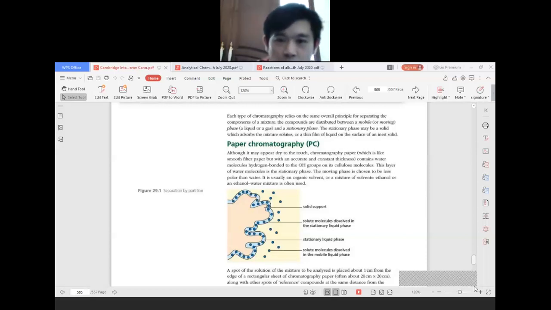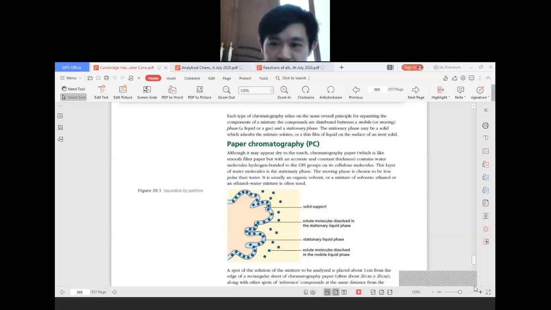There are water molecules hydrogen bonded. You have learned in biology the structure of cellulose, or at least you have seen it. There is an OH, and this OH makes hydrogen bonding with the water molecules. This layer of water molecules is the stationary phase.